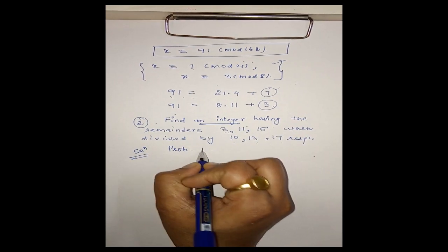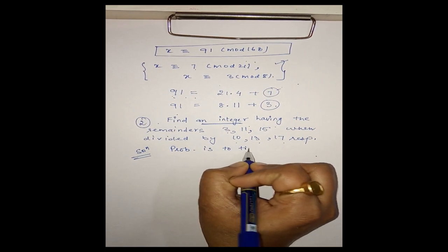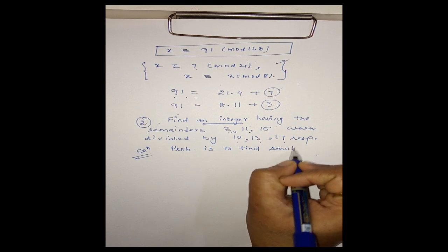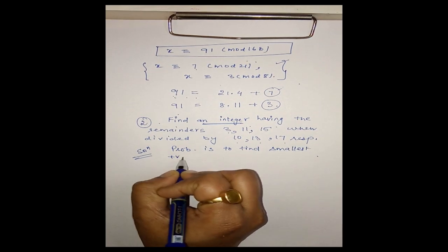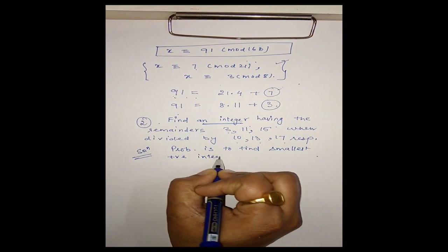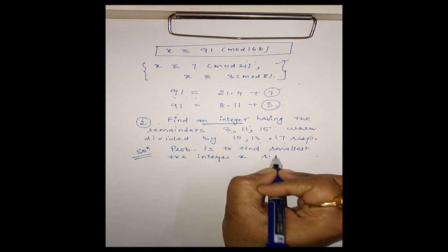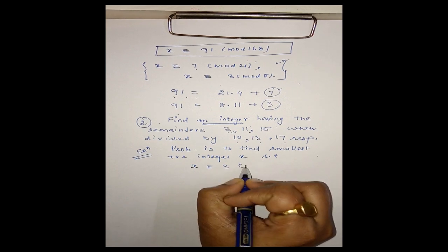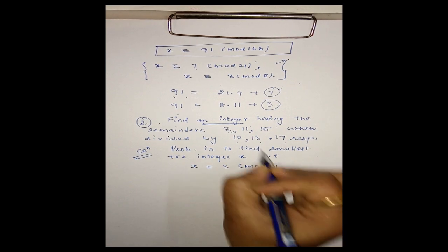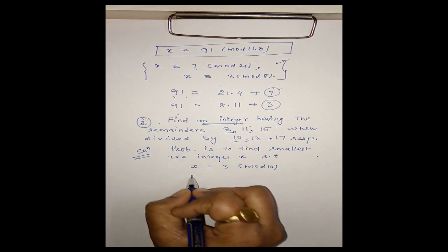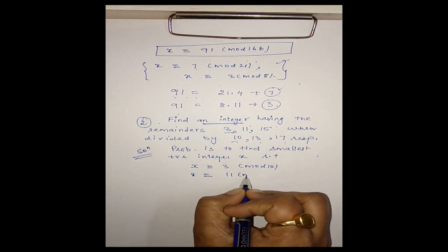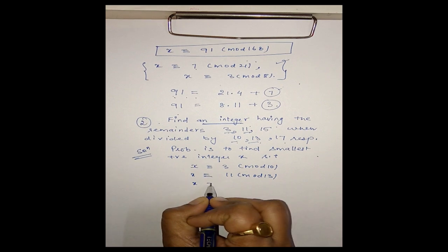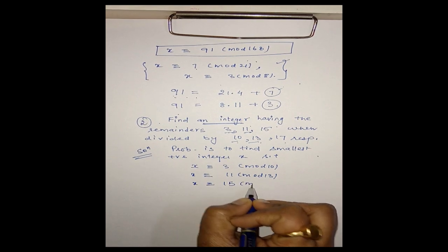This problem is to find the smallest positive integer x such that we have these three congruences: 3 modulo 10 and 11 modulo 13, this one, and 15 modulo 17.